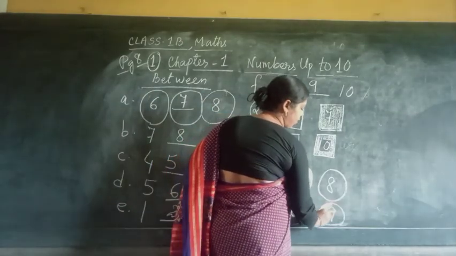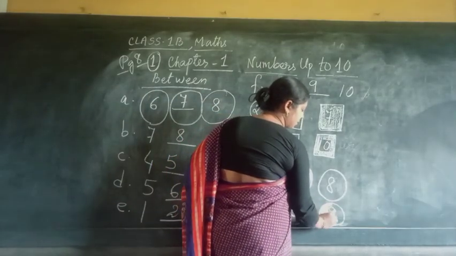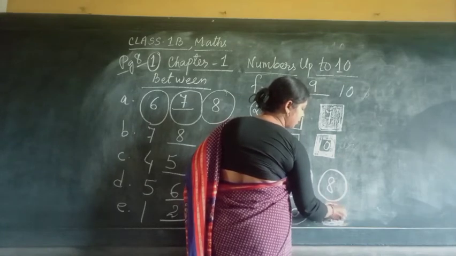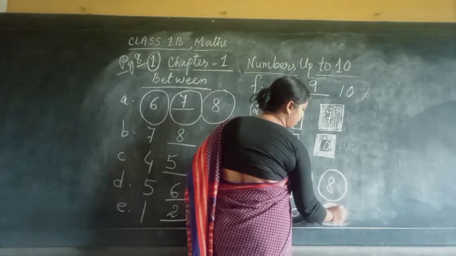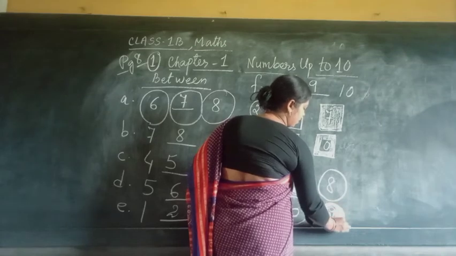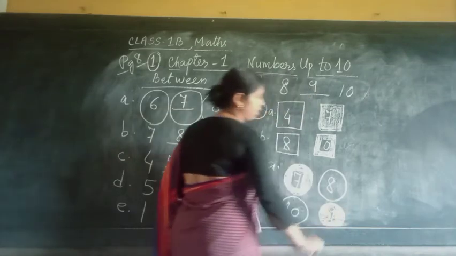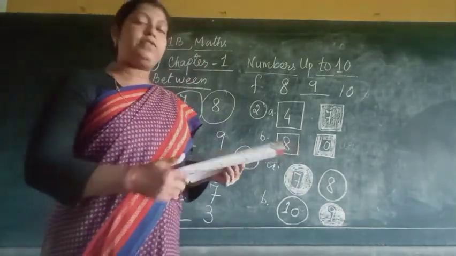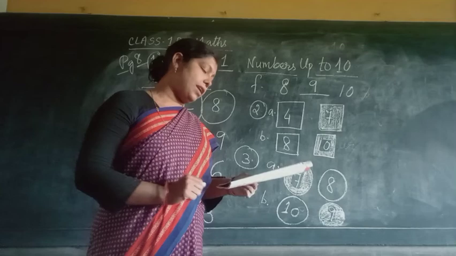So color it with red. You can easily do that. So out of 10 and 9, 9 is the smaller one, color it with red.